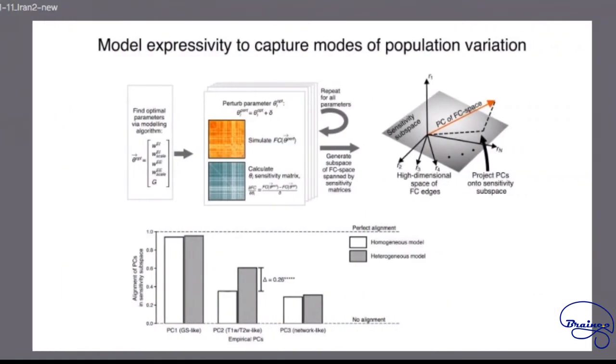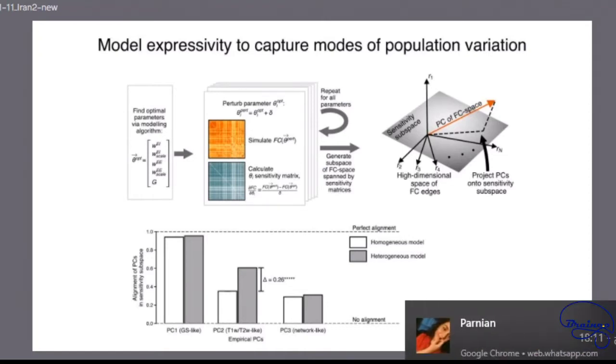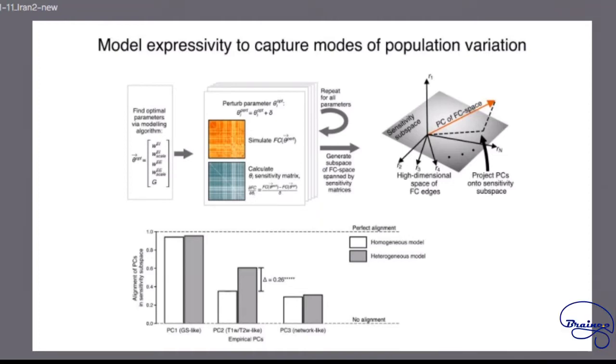Okay, so the approach that we're going to take is kind of a state space geometry view. In other words, we're going to look at what happens as we vary the parameters of our model, and our circuit model produces a BOLD functional connectivity. We can say how much sensitivity there is under my parameters.